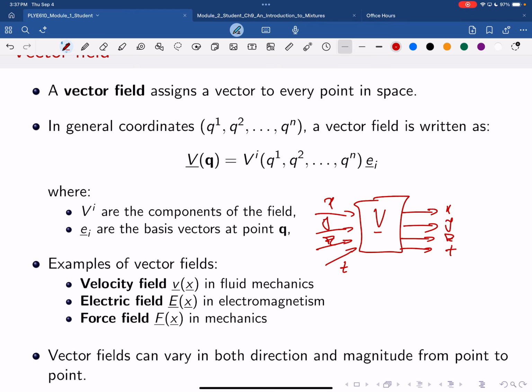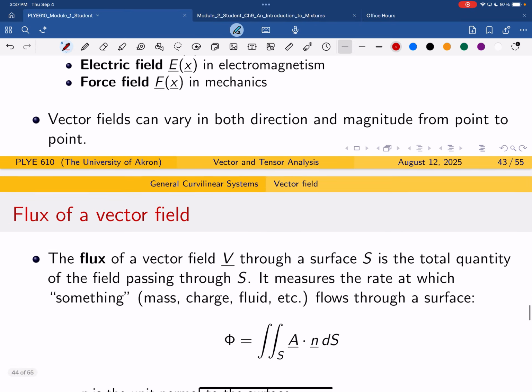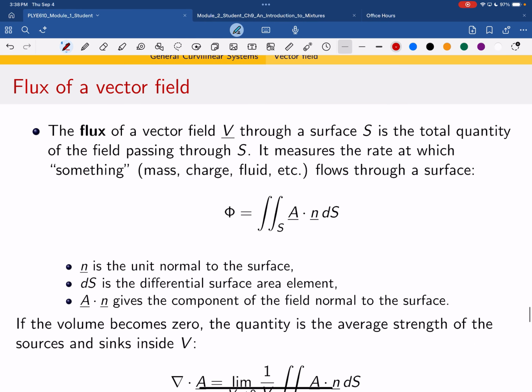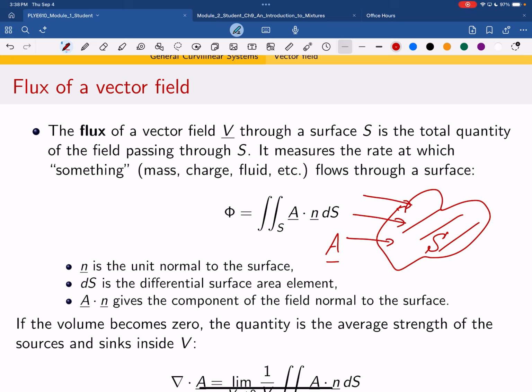Now, these are very important because now we can define the flux of a vector field. The flux of a vector field is defined as the amount of the vector field V that goes through a surface S. Let's say I have a closed surface S like this, and I have this vector A going through it. So the whole space you can see it.